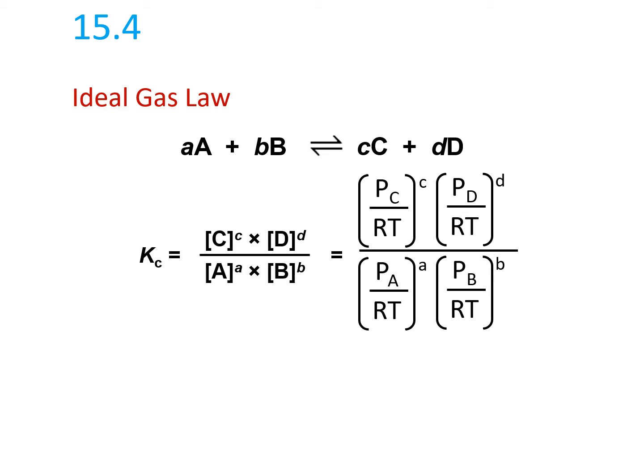And if we do some more mathematic gymnastics, we can pare this down and basically say that we can come up with an equilibrium constant based upon the partial pressures, and it's going to be equal to the equilibrium constant of our gases times the gas constant times the temperature at which all this is occurring, raised to the power of the change in moles in our equation.